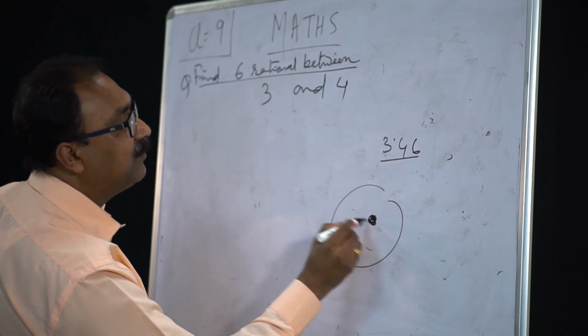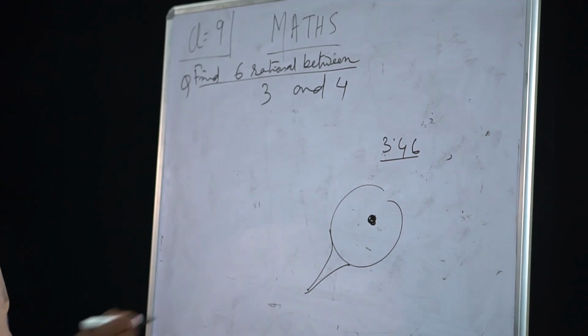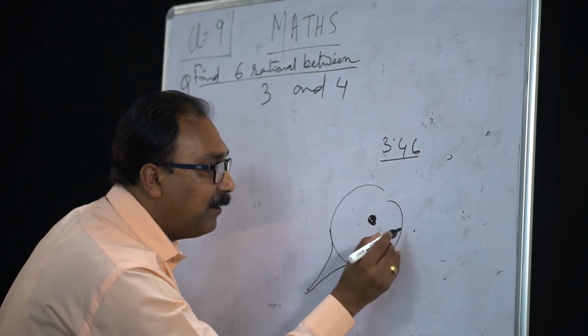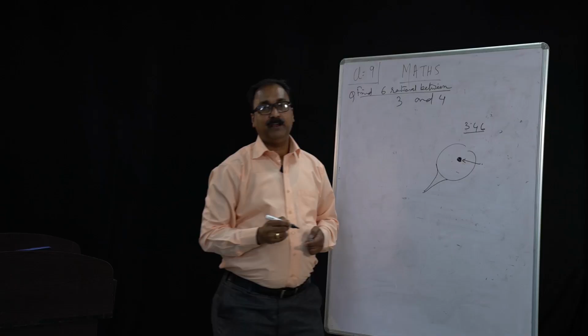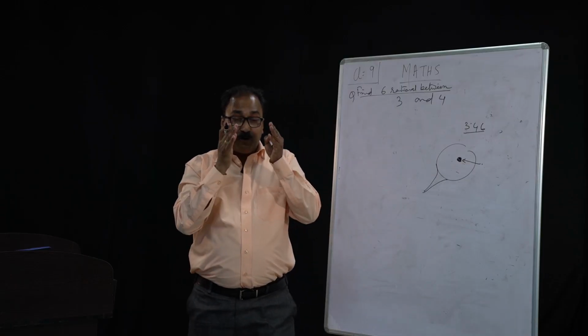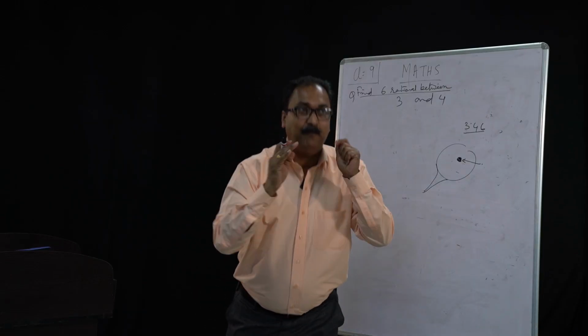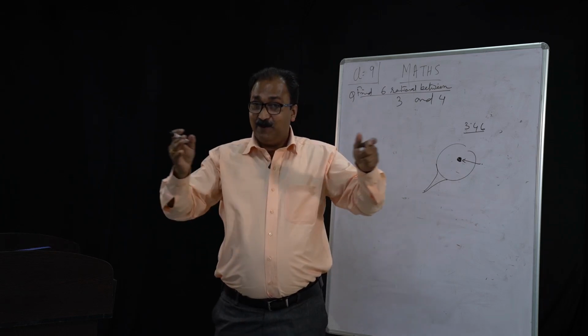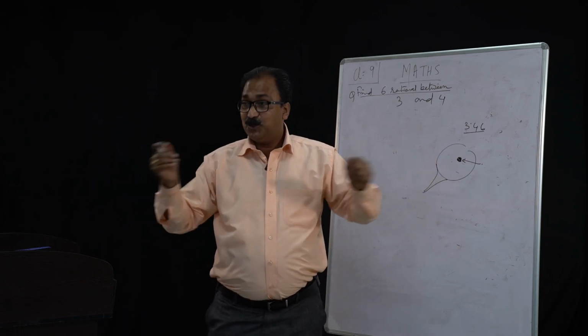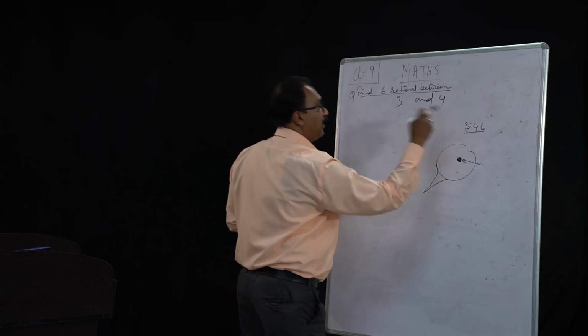That means you have to come closer to the number. Then only the number will be very big. Is it not? So now I'll show you how we can visualize this.